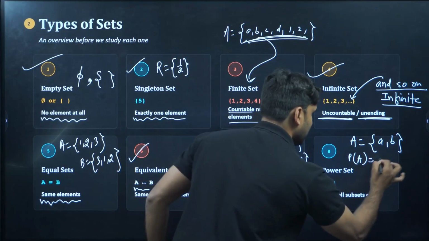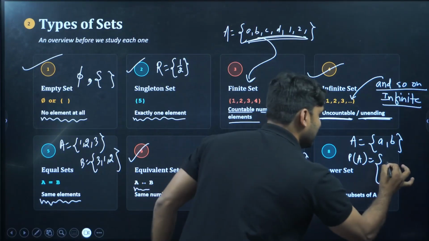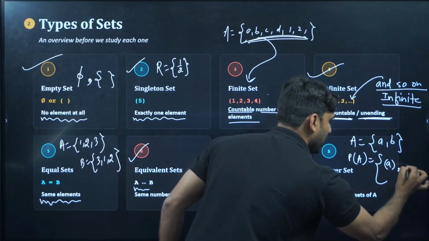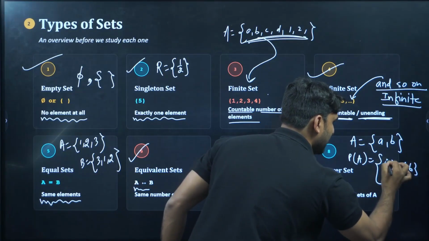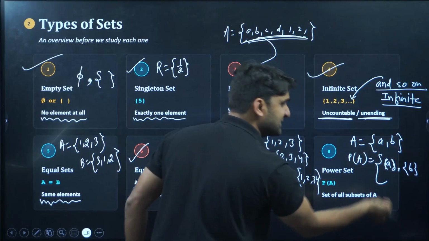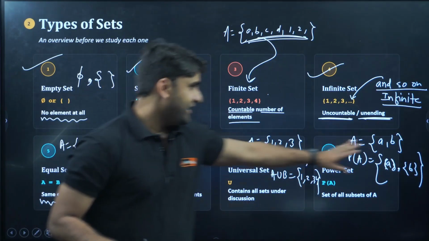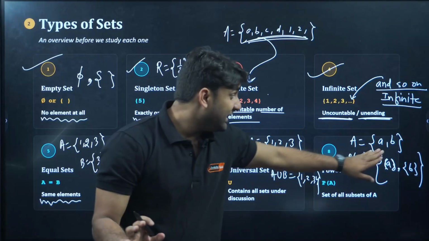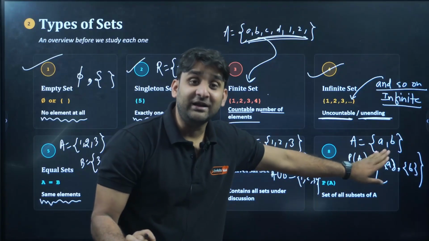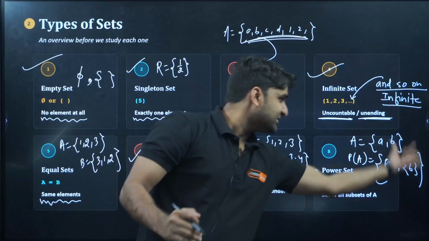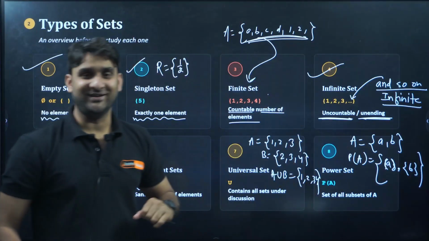So in brackets, I write A and B separately. I'm making A a separate set and B a separate set. A was itself a set, but the elements of A, I am writing separately as sets. So these will be subsets of A. So this is called the power set.